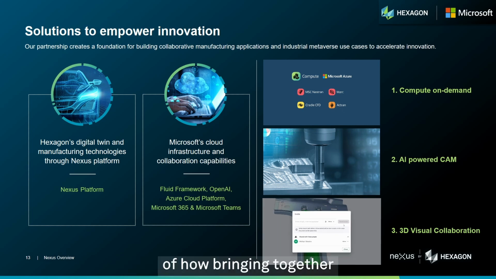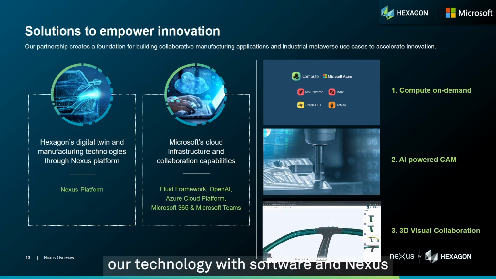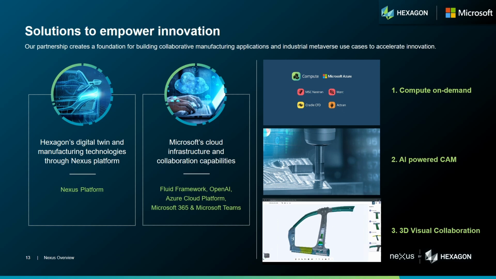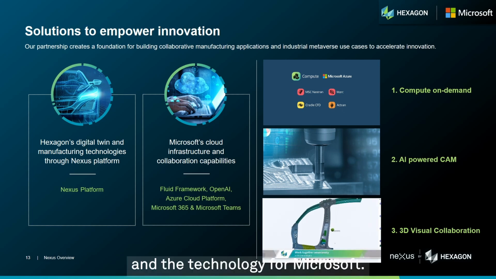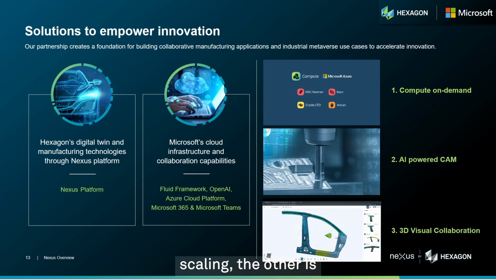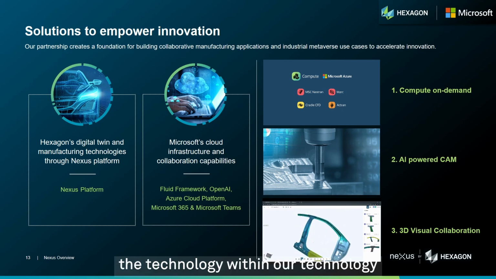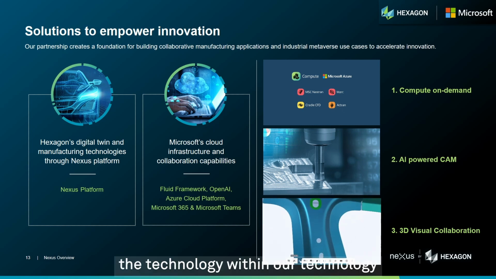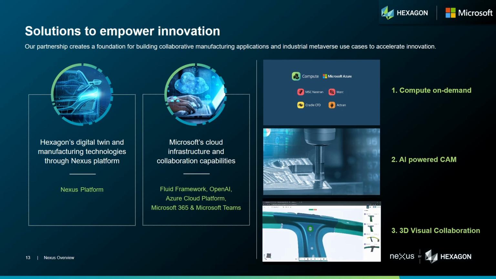So that's one example of bringing together our technology, with solvers and Nexus, and the technology from Microsoft, flexible on-demand scaling resources. The other is to use their AI technologies within our technologies, which is on our production side.